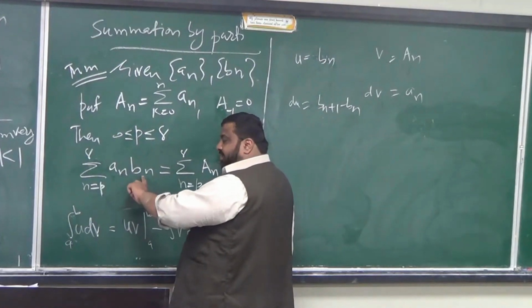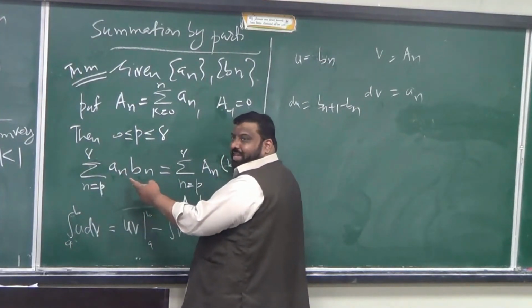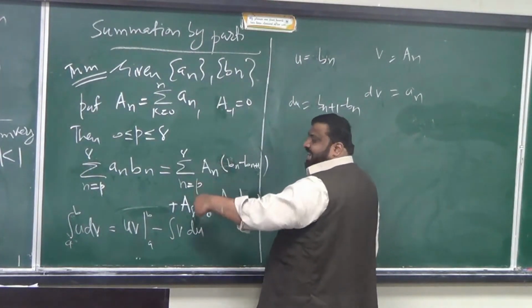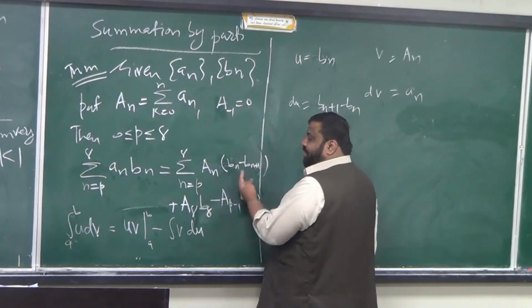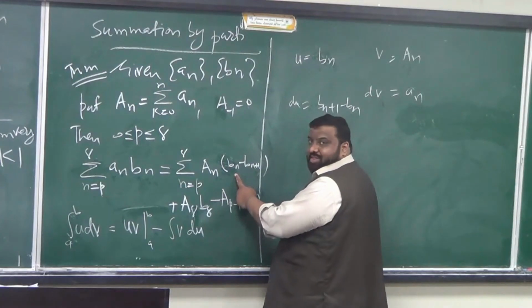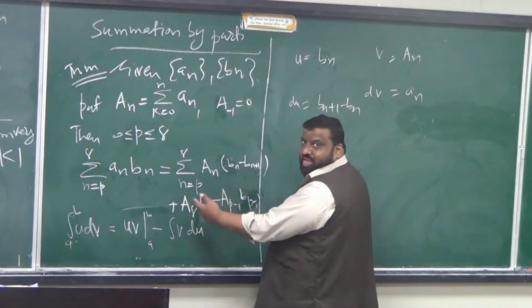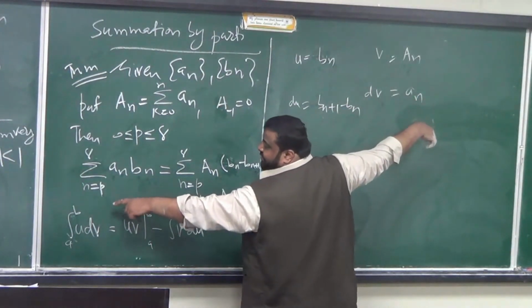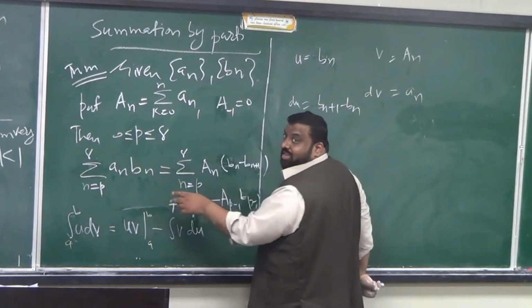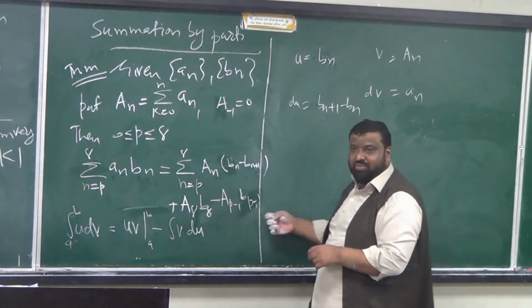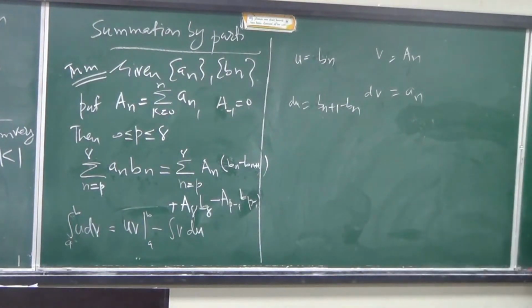So the integral of V dU is the same as the summation, the integral of U dV plus V dU equals UV, the limits. So U is B and V is A, evaluated from the limits of P to Q. So you need to be careful. It's not going to be exactly P to Q. It's P minus 1.